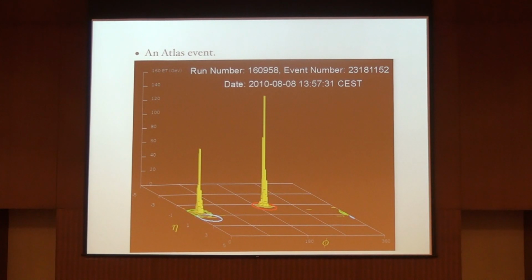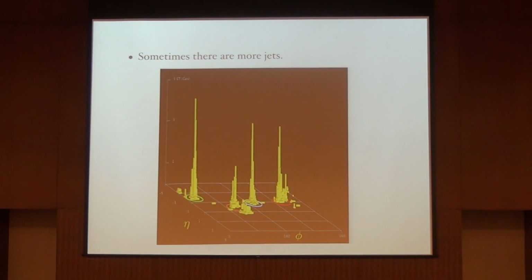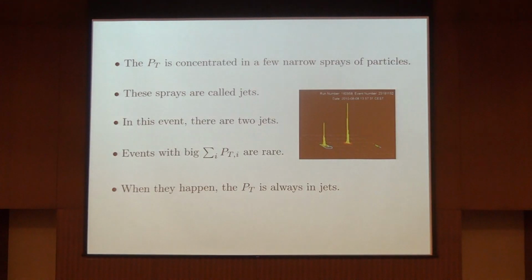So here, what we see is evidently two jets. Here's another event. This one has more. Depends on how you count it. Maybe there's 4 jets there. So what you see in actual events at the LHC is transverse momentum concentrated in a few narrow sprays of particles.